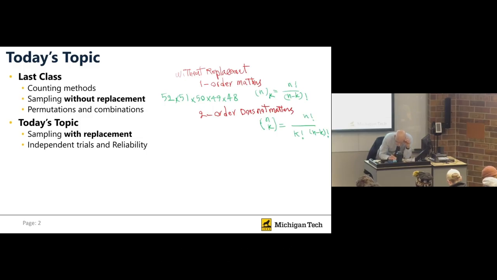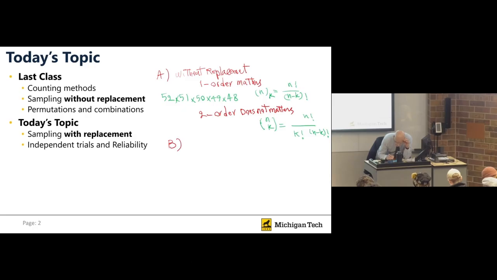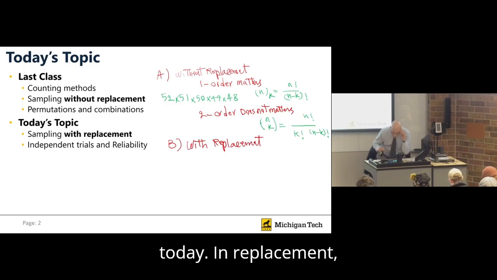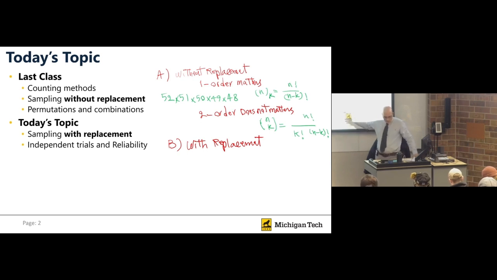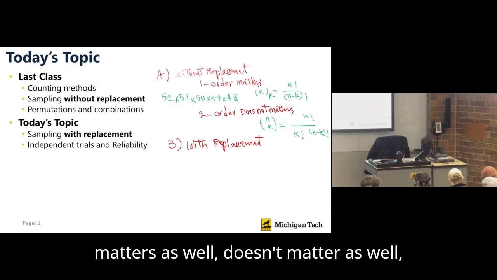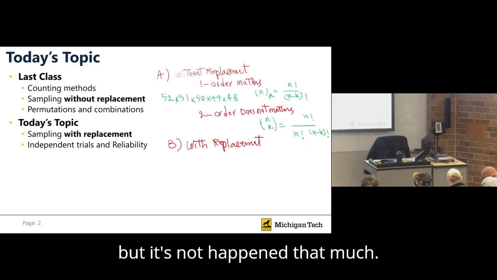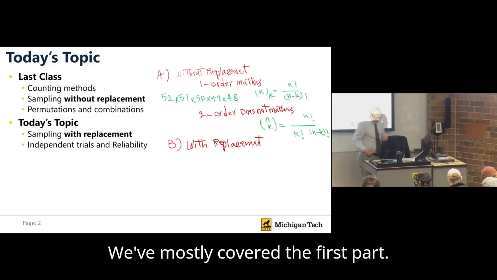This was last class, call it A, for example, and B is with replacement. This is what we want to talk about today. When we have replacement, order matters. Sometimes order doesn't matter as well, but that doesn't happen that much. We mostly cover the first part.